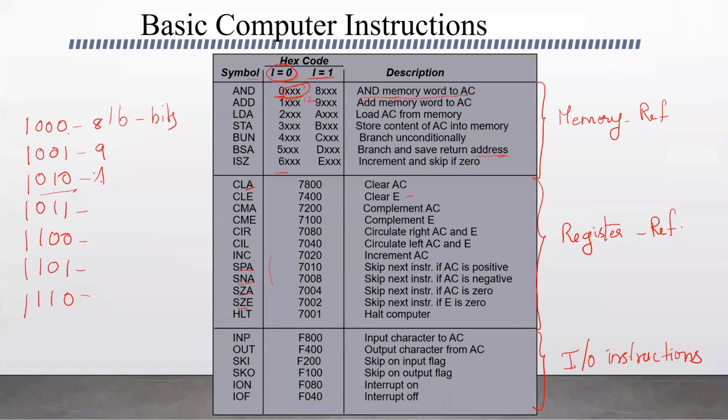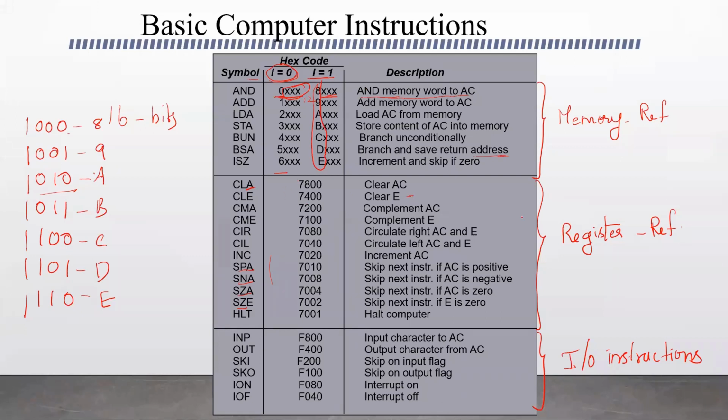This is 10, that is equivalent to hexadecimal A, B, C, D and E. So in this instruction code, we have 8, 9, A, B, C, D and E. All these hexadecimal digits represent these 4 bits, and the other 3 digits represent the memory address, because these are memory reference instructions. Each of the 3 hexadecimal digits represents 4 binary bits.